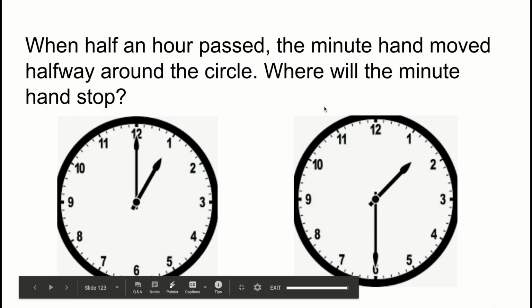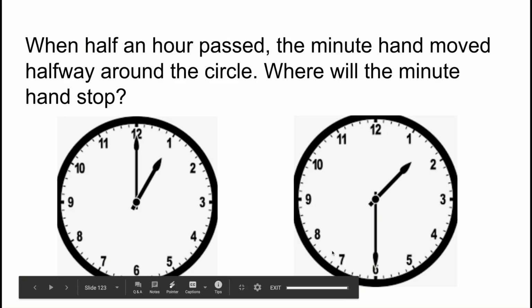When we take a look at these, what time does this clock say? This clock says 1 o'clock. What time does this clock say? This clock says 1:30. If we go another half an hour, what time will it be?